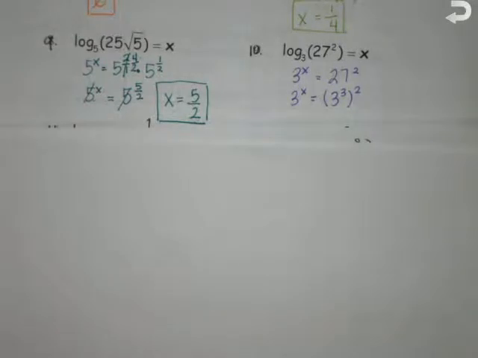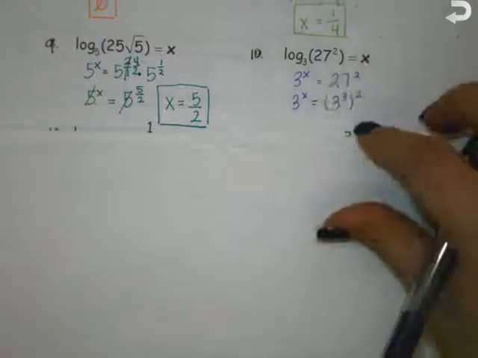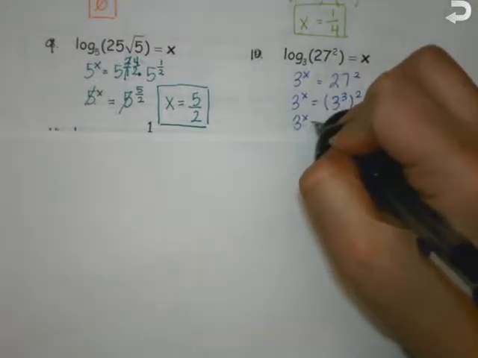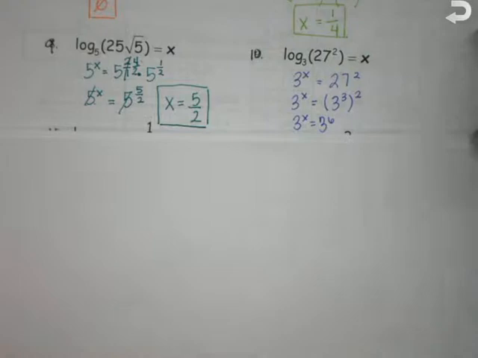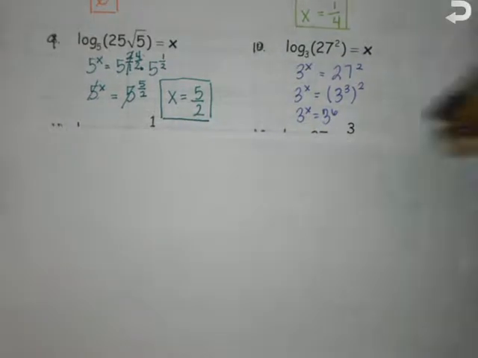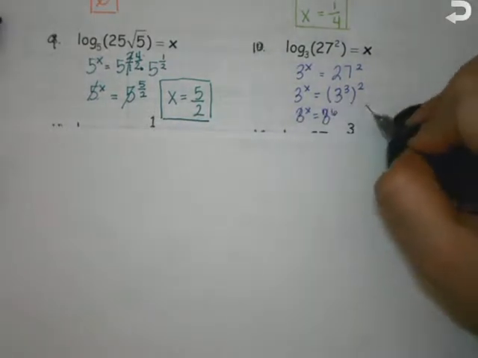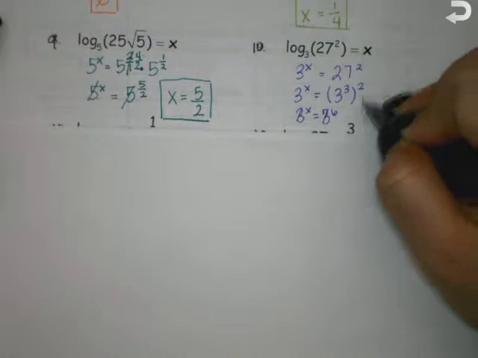So when I have a power to a power, what do I do with the exponent? Multiply them. So this is actually the same as 3 to the what? 3 to the 6. So when you drop your bases, you get x equals 6.